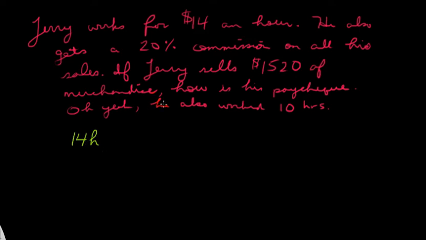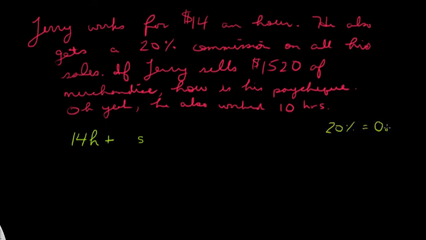Okay, well, sales. Let's call that s, and 20%. Now, hold on. That doesn't look right. We could write that, but it's not exactly correct. We know, and I'll put this on the side, that 20% is the same as 0.2. So I'm going to put 0.2s. That's our coefficient. Great. So now we have an expression.